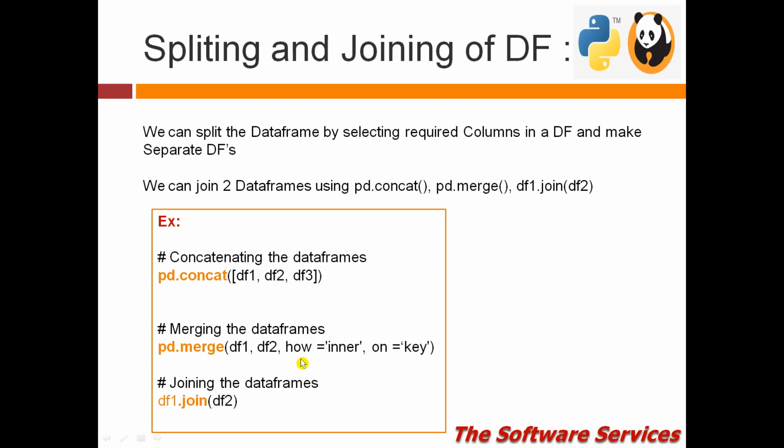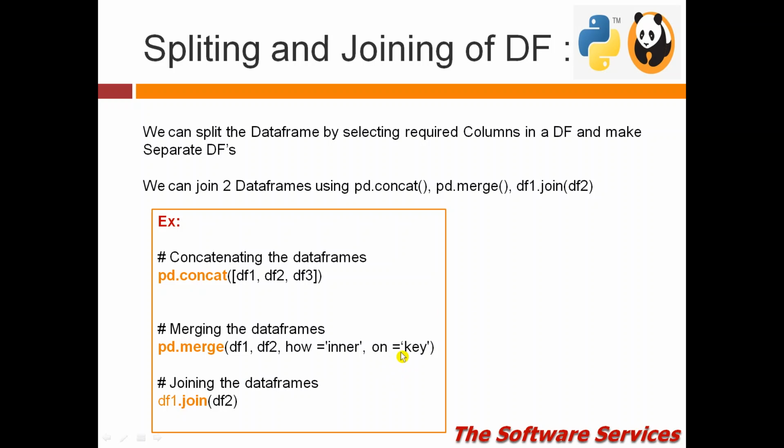In MySQL, we saw this while joining two tables: inner join, outer join, left join, right join. All those topics we already saw in our MySQL classes. So it is something analogous to that.